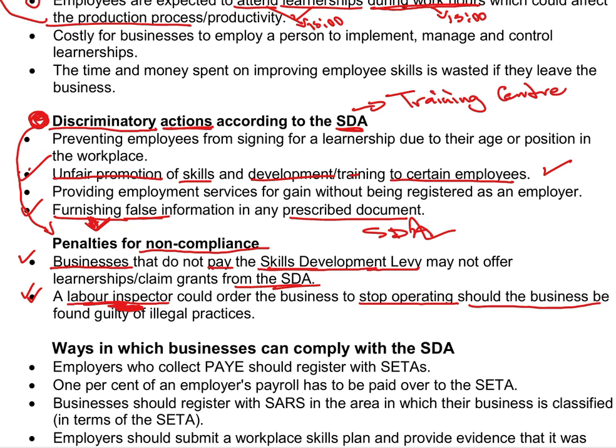So when you are not complying, a labor inspector can issue a compliance order. Hey, you, you should comply with this and this and this. You should stop giving us false information and you should pay your levies. If you don't do that, they will stop the business from operating. That's what we mean. Other penalties might be losing SDA grants, fines, legal action.